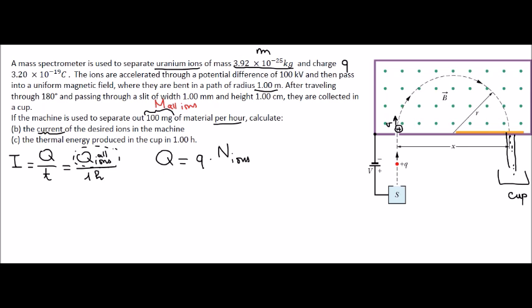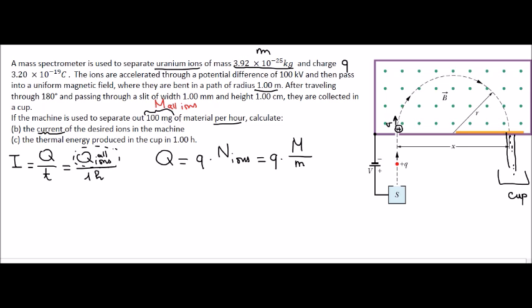So how can I know this number now? I have the total mass of all ions, and I know the mass of one ion. So n ion, the number of ions, what is it? Simple. That's the total mass per the mass of one ion. You plug in the number, 100 milligram.